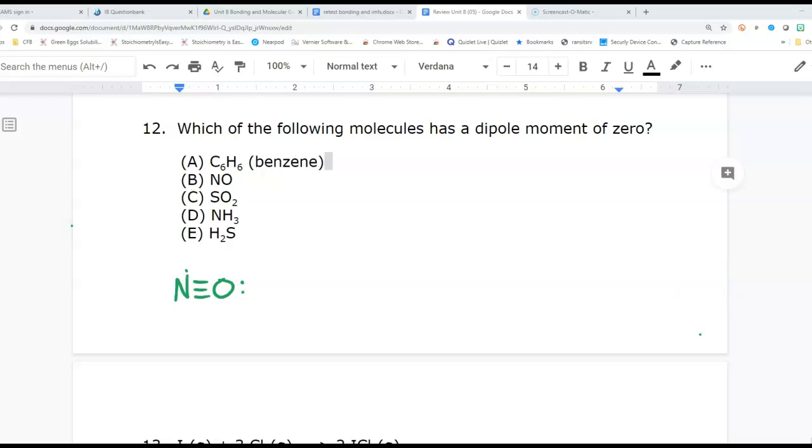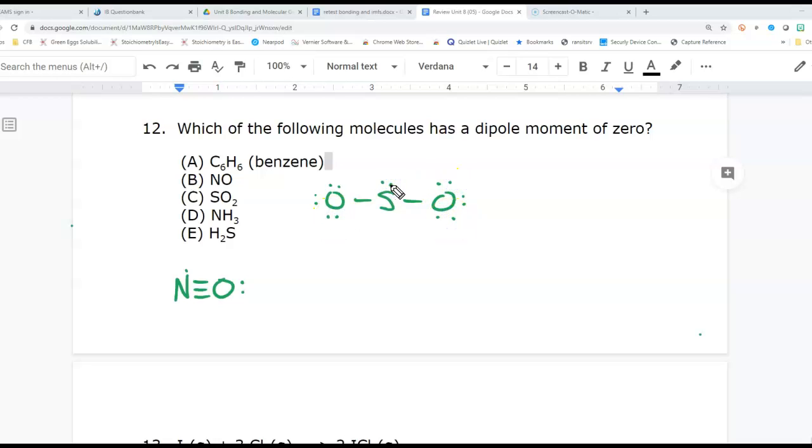So we would go on then and look at the SO2. S has 6 valence, O has 6 each, so 18 valence electrons total. So my S goes in the center. I have oxygens on either side, and was that 18 total? So right now, I have used up 16.